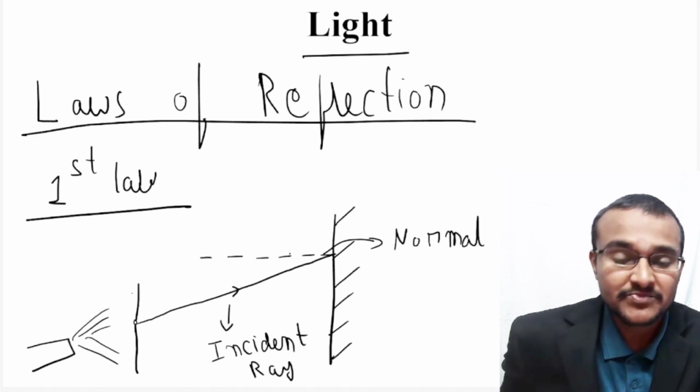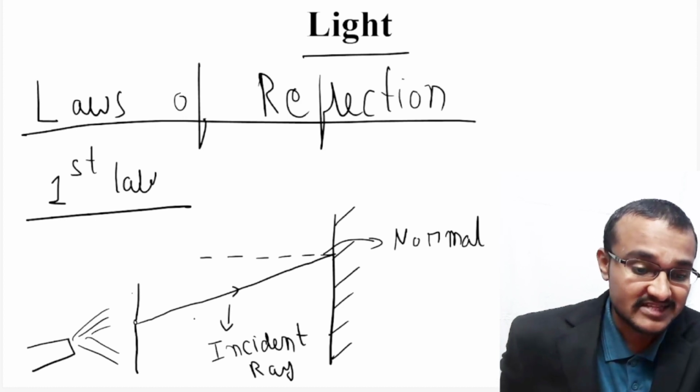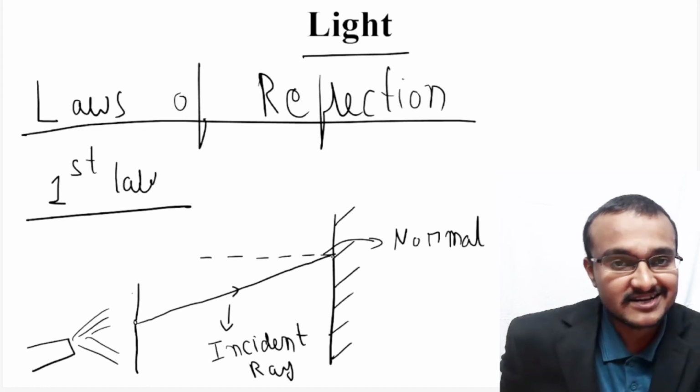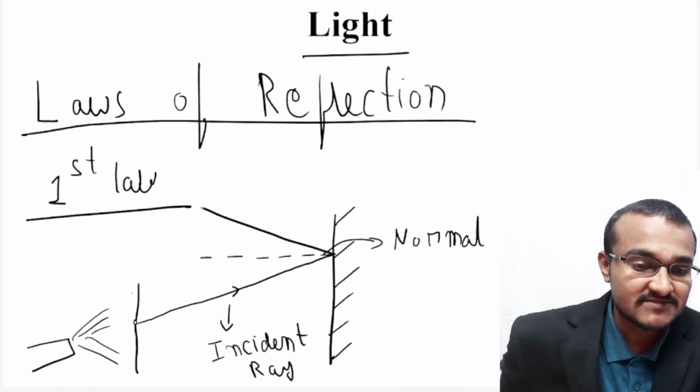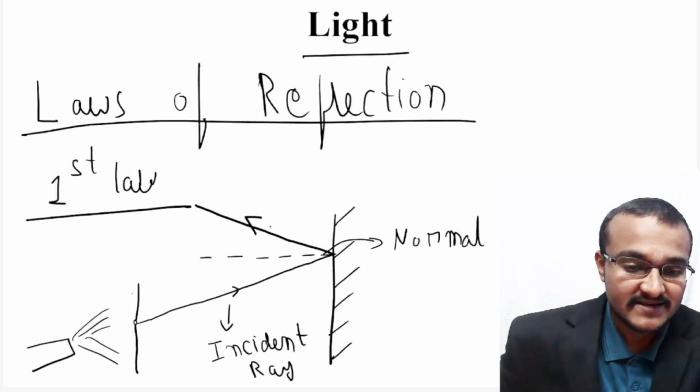Now the incident ray is incident on the mirror, and there will be a reflected ray from the mirror. You can see here there is one incident ray and one reflected ray.